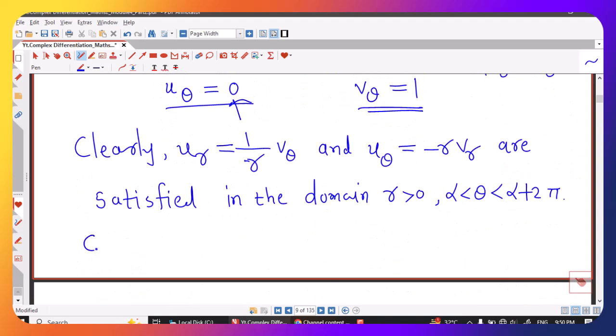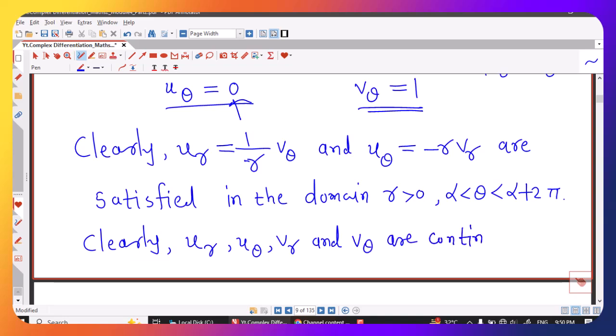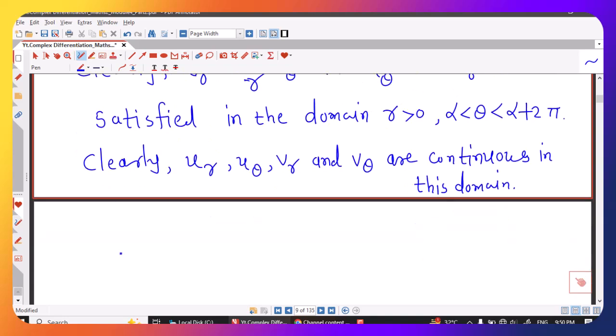So we can write the second condition of differentiability, that clearly del u by del r, del u by del theta, del v by del r and del v by del theta are continuous in this domain. And this means both the conditions of differentiability are satisfied in the domain.